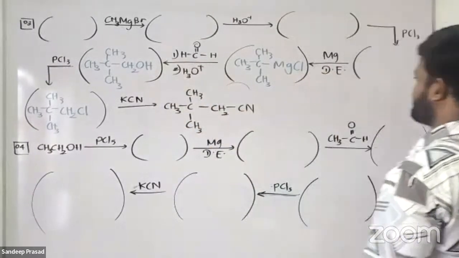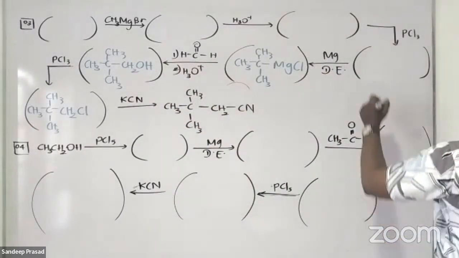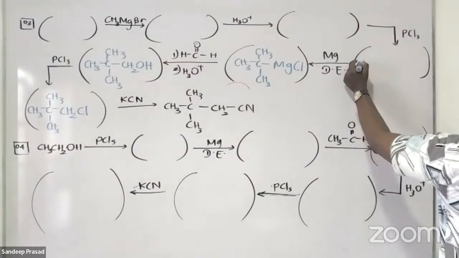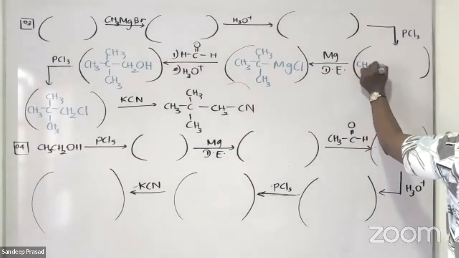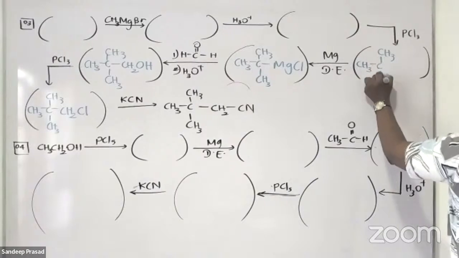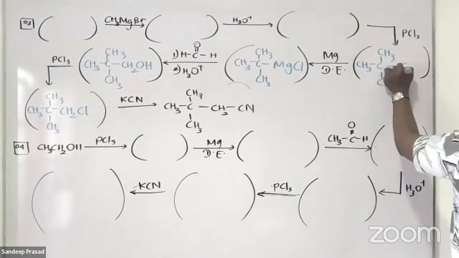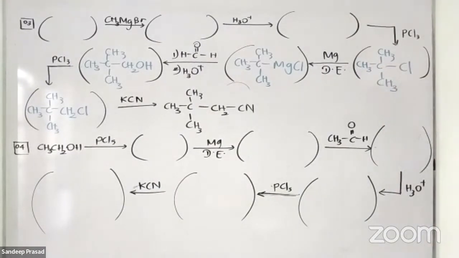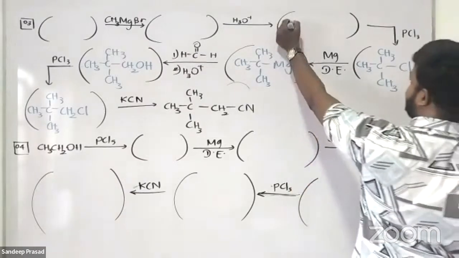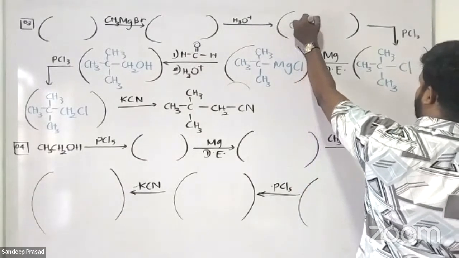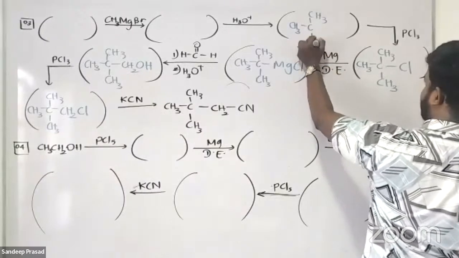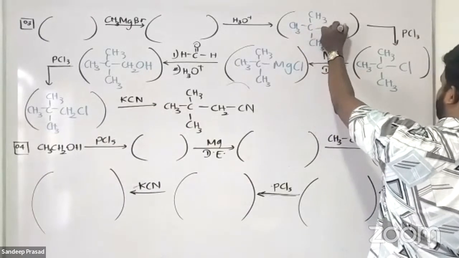And before we had this Grignard reagent, we had an alkyl halide. That is a tertiary alkyl halide. And before the alkyl halide, we had alcohol, because PCl3 adding means definitely we have added it to alcohol, OH.